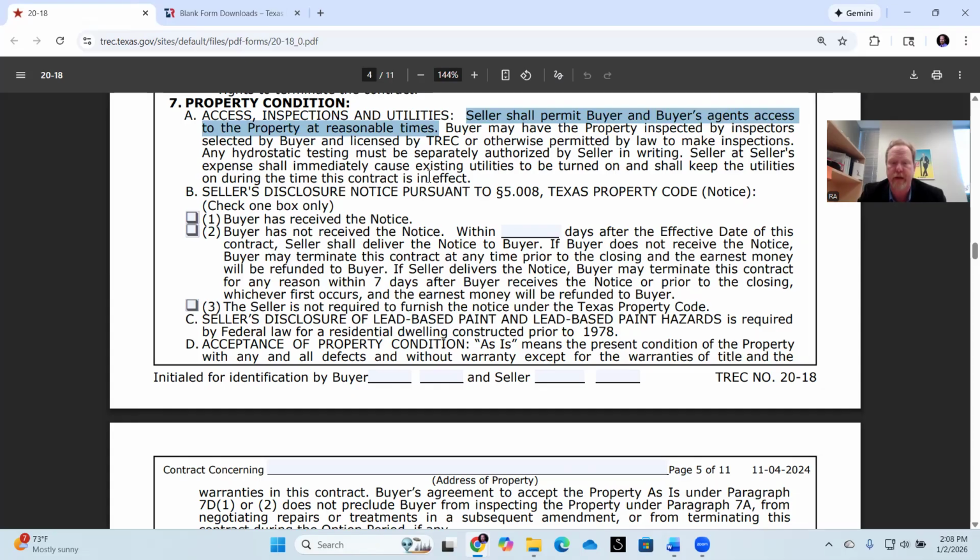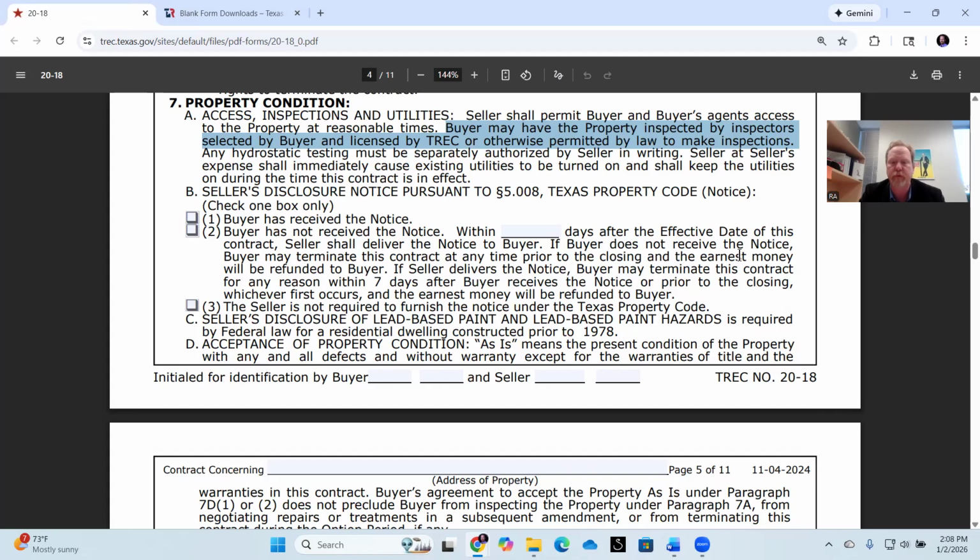Now, the second part here says the buyer may have the property inspected by inspectors selected by buyer and licensed by TREC. So that would mean a TREC licensed property inspector or otherwise permitted by law to make inspections. Okay. Now that could also mean electricians, HVAC guys, plumbers, right?